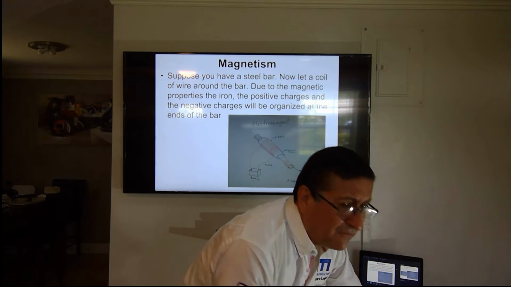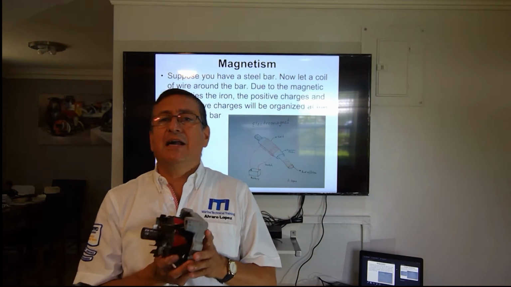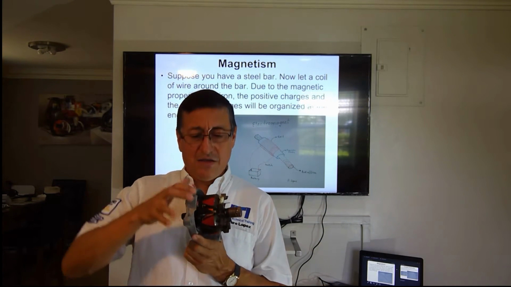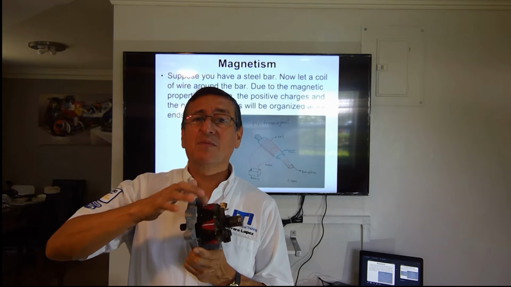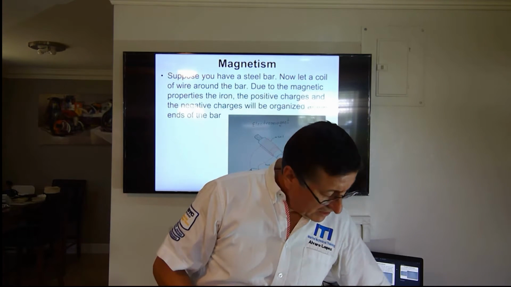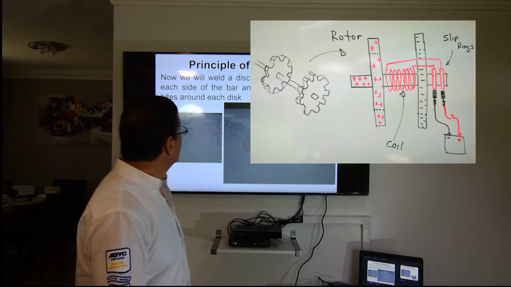Okay, what happens if my magnets are located in a rotor like this, with the rotor positive and negative? You remember the procedure to create the rotor of the alternator? It is very simple. We are going to refresh quickly.